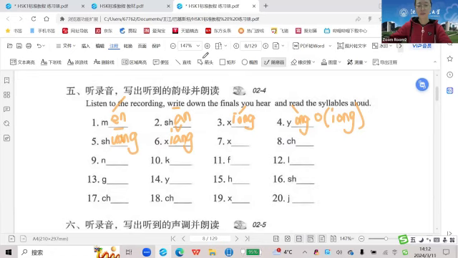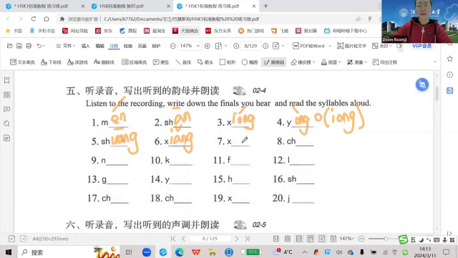The tone was wrong. 星 is not 行. The second tone should be 行. 星. Quickly, the other students. Yes, this time you are right.